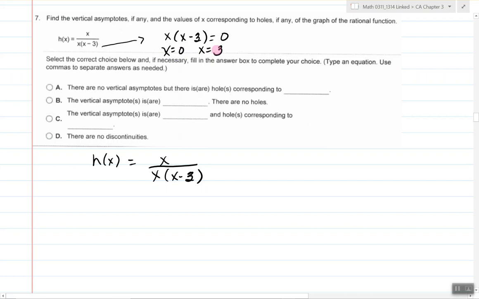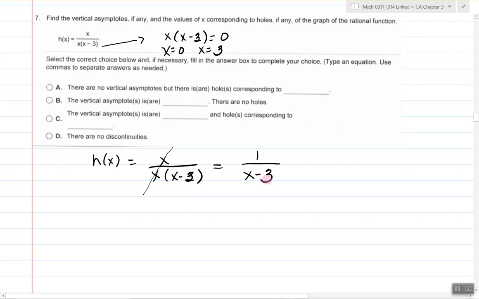But remember, it might be a hole, it might be a vertical asymptote. Looking at it closer down here, I see that this divides out and this is equal to 1 over x minus 3.